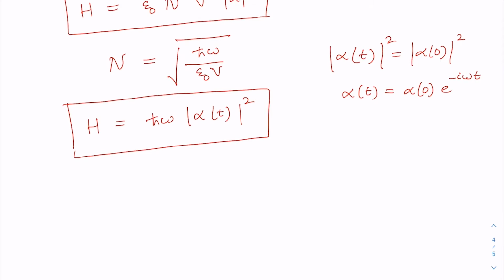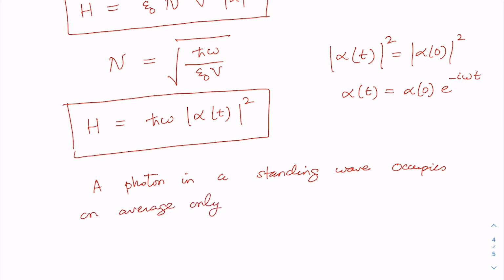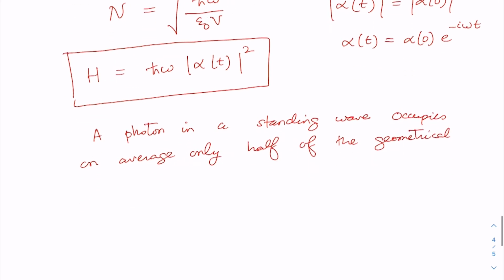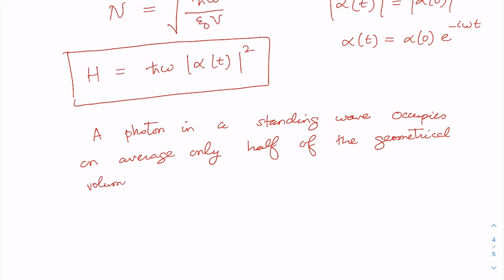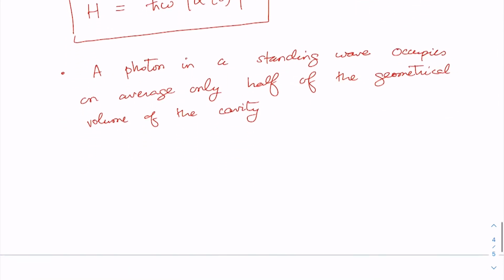So we can say that a photon in a standing wave occupies on average only half of the geometrical volume of the cavity. So this is what is different from the so-called traveling wave or the propagating wave.